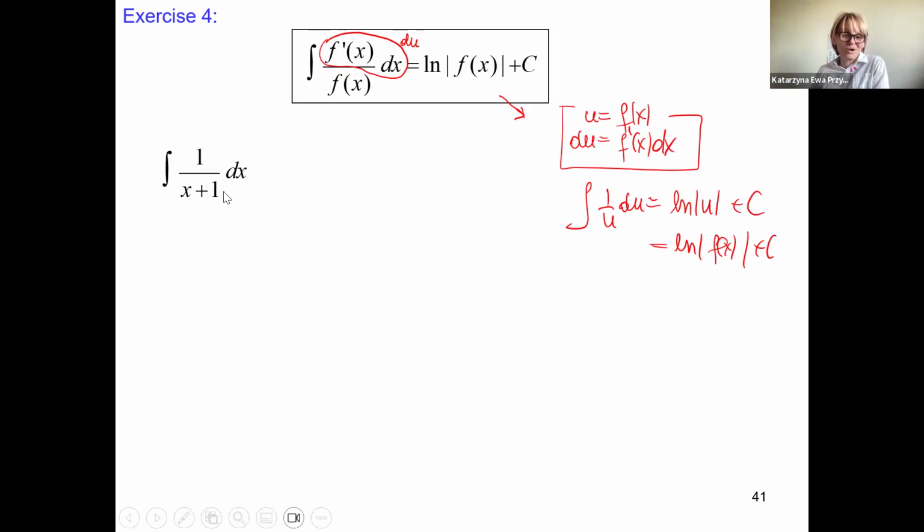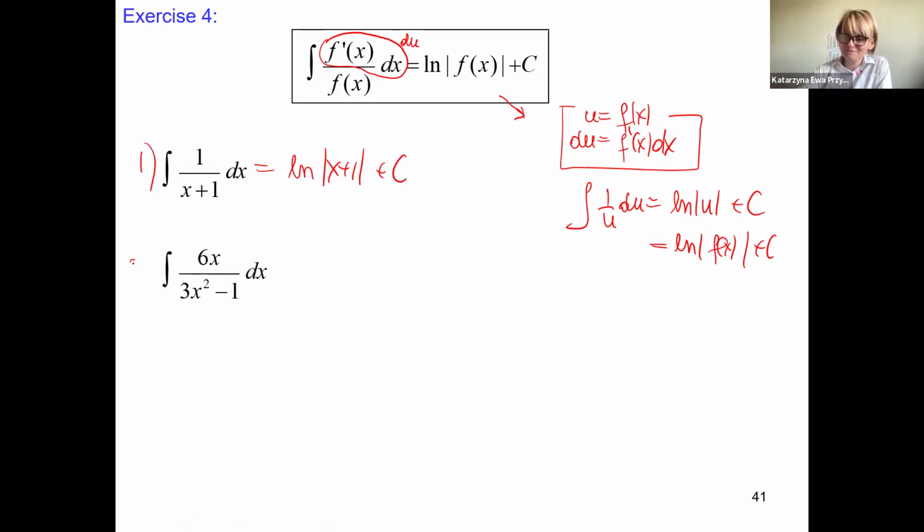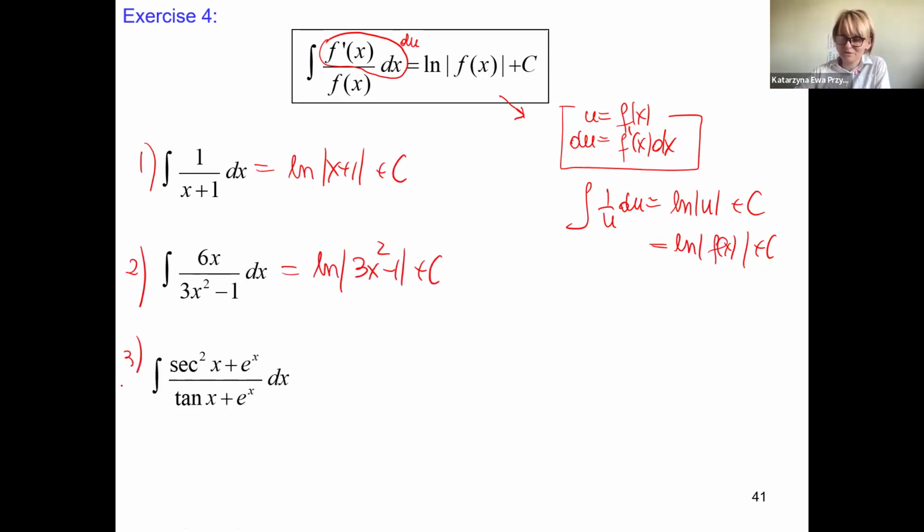What is the integral of 1 over x plus 1? This one is x plus 1. Natural log of x plus 1, just because derivative of x plus 1 is 1. What about this one? 3x squared minus 1. But what we see on the top? Derivative. Natural log of the denominator. Perfect. And what about number 3?